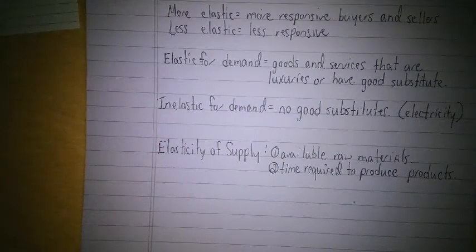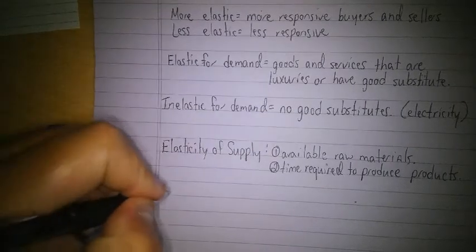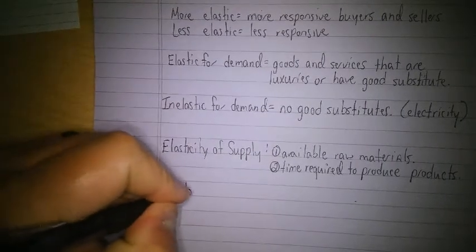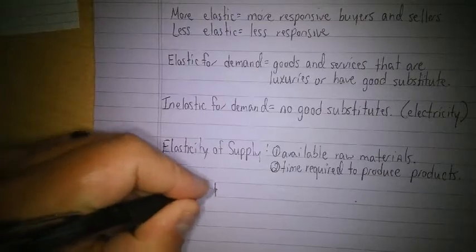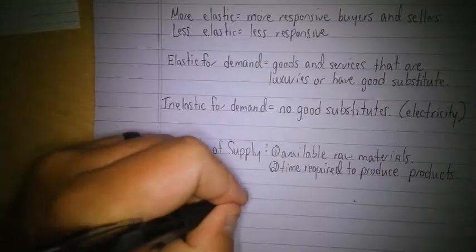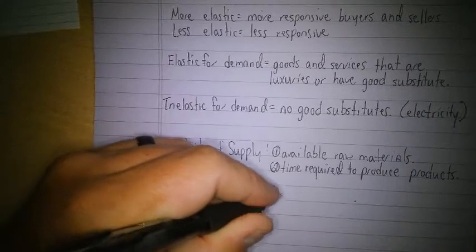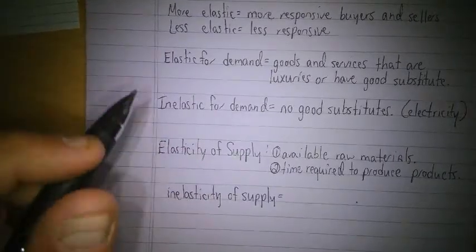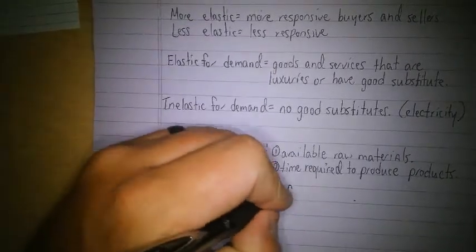And then let's just jot down a couple examples for inelasticity of supply. I would put down a fixed amount of stadium seats.